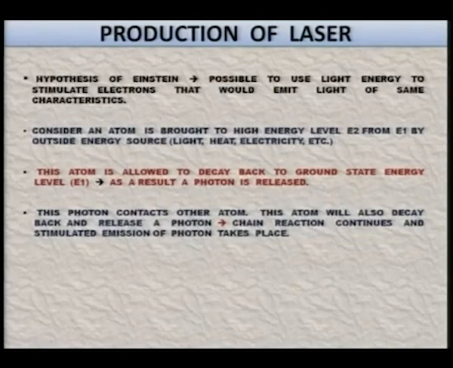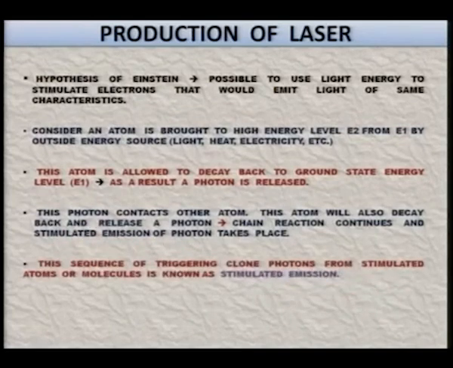That means this atom also will go first to E2 level, and from E2 level it will decay back to E1 level, and it will release another photon, and this leads to a chain reaction that continues, and stimulated emission of photons keeps taking place. As a result, you will have a large amount of photons in the lasing material, and this sequence of triggering clone photons from stimulated atoms or molecules is known as stimulated emission.